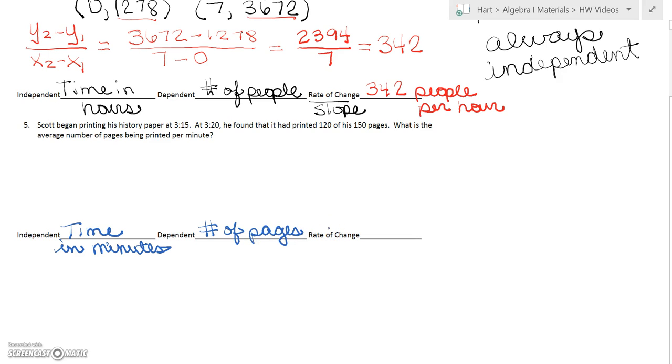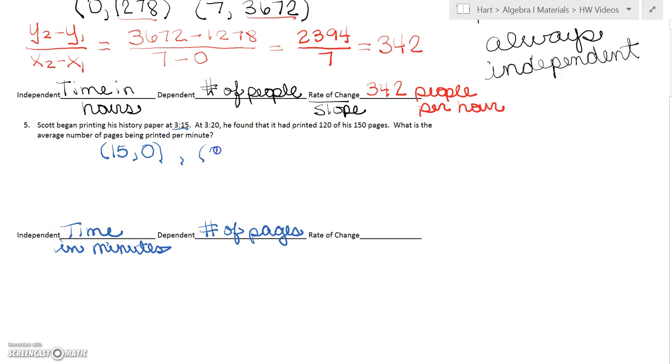Okay, our next step is to find our 2 points. So one of our points, since we're just really talking about minutes, we could just use 15 because that's the number of minutes. And at 15 minutes, he had just started printing his paper, so he's got 0 pages at that point.